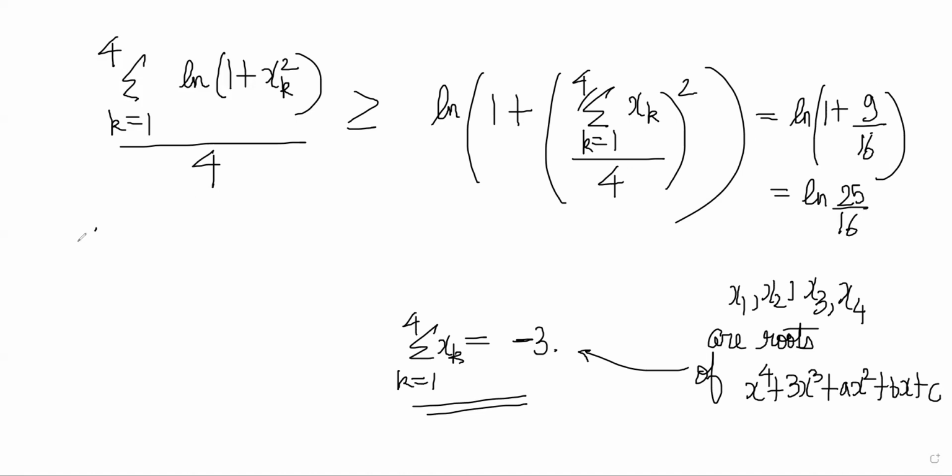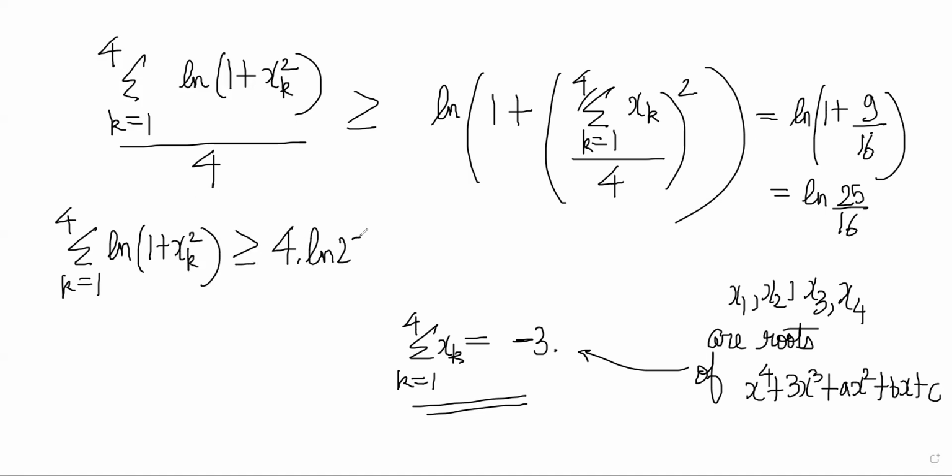And what we are getting is summation k goes from 1 to 4 ln of 1 plus xk whole square is greater than or equal to 4 times ln 25 by 16. And that becomes equal to 5 by 4 square.